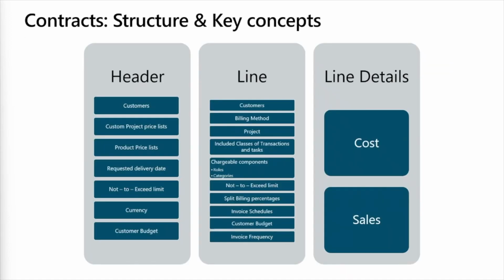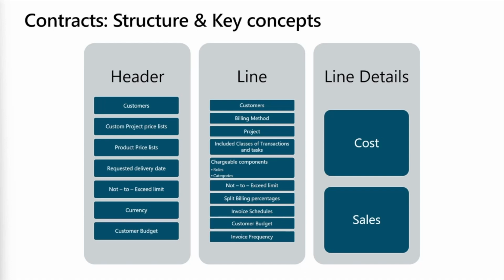There is a high-level view of what can be configured at a header and a line level. We will be covering this during the demo as well, but at a very high level, we can specify contract customers at a header level and line level. A line can have multiple customers as well. There is the concept of product price list and project price list on the header.